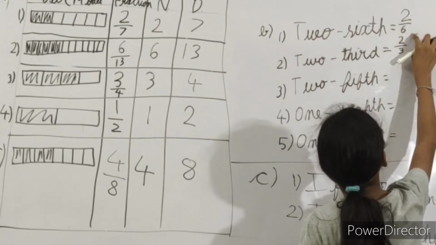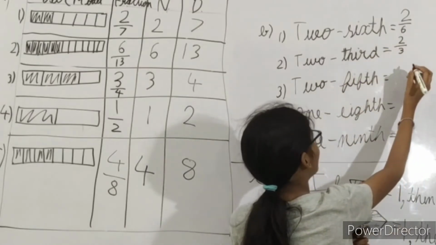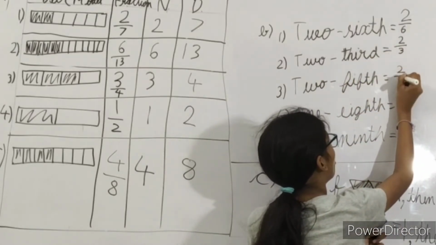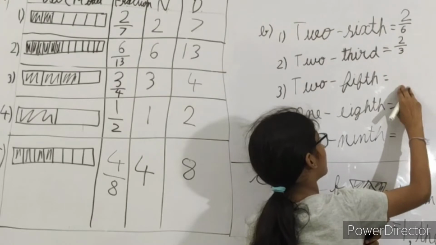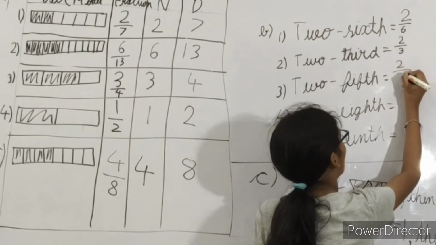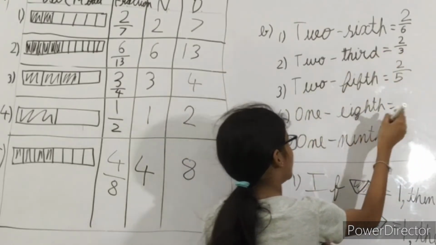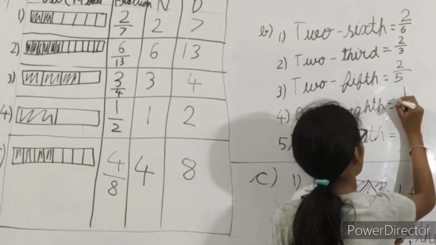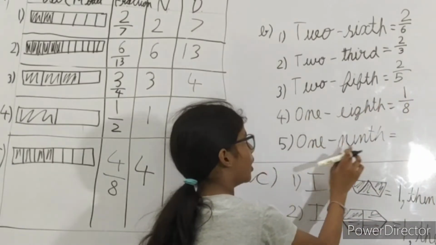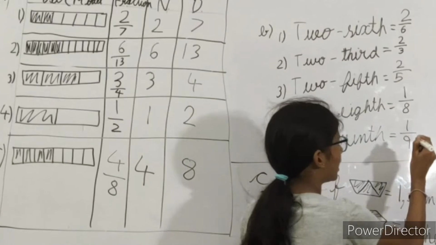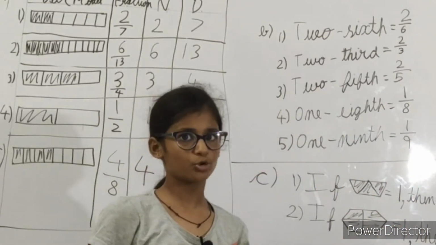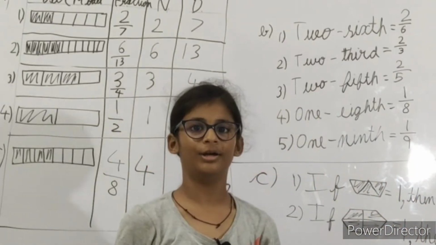Okay, leave it. 2/5 is 2 upon 5. Wait, bigger. 2 upon 5. 1/8 is 1 upon 8. 1/9 is 1 upon 9. Very easy. It was super easy.